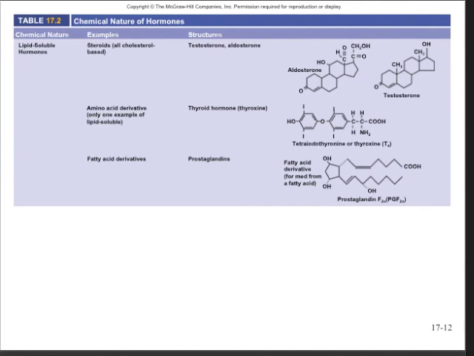The main thing I want you to notice here is that for the steroid hormones and the catecholamines, we have something unique in that the hormone is dominated primarily by carbon-hydrogen bonds, i.e. these are hydrophobic compounds, and as a result, in order for them to be carried in the bloodstream, they have to be transported by lipoproteins that can accommodate them, and their receptors are primarily going to be inside the target cell, not on the cell membrane.